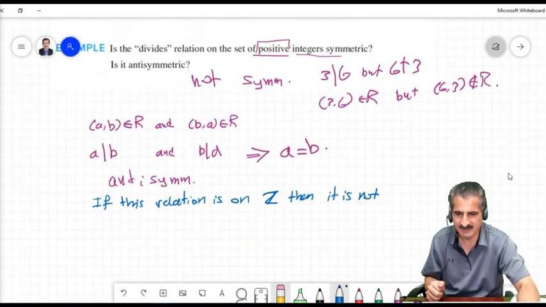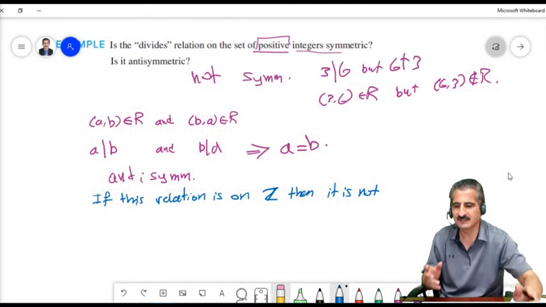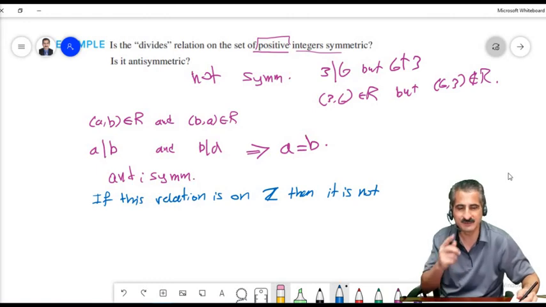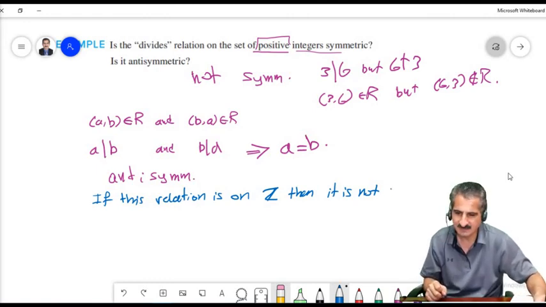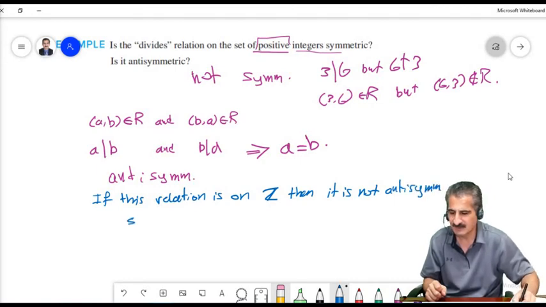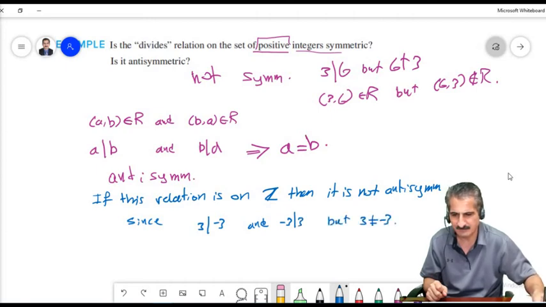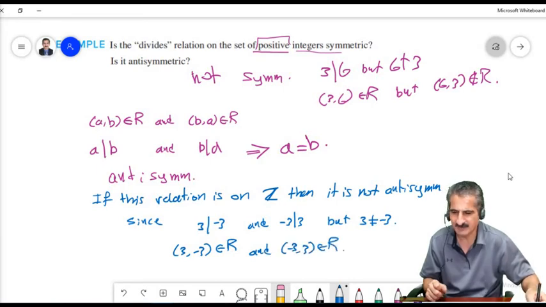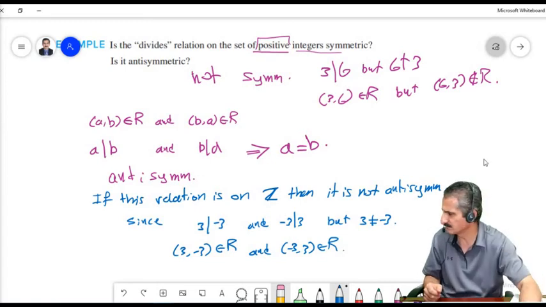Give me an example. To say that a relation is not symmetric or not antisymmetric, one example is enough. It is not antisymmetric since 3 divides negative 3 and negative 3 divides 3, but they are not equal. So 3, negative 3 belongs to R and negative 3, 3 belongs to R, but they are not equal. Okay, good.